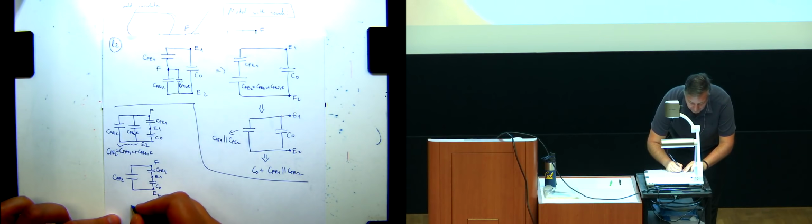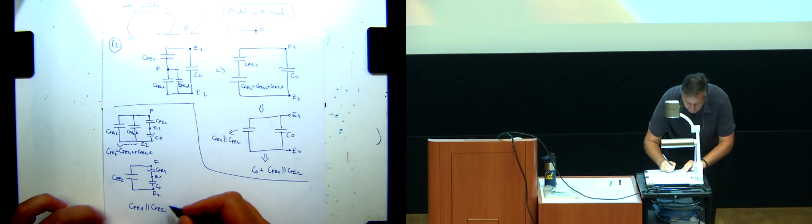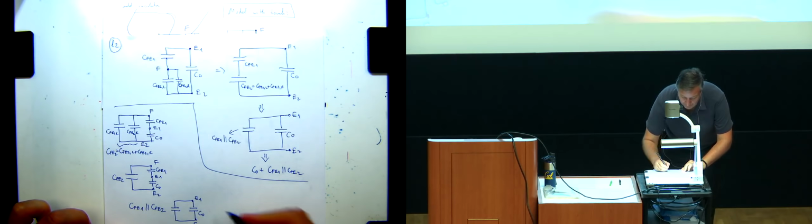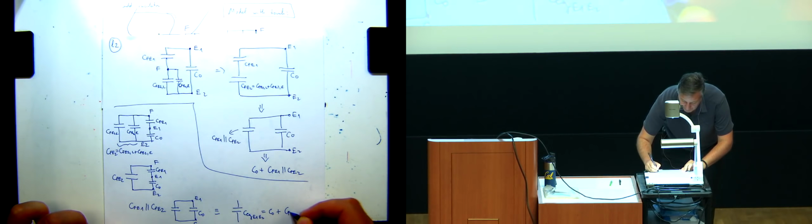And so I can mark those as a parallel operator. Right? So that capacitor is now connected between E1 and E2. And I still have C0. So the equivalence of that is a single capacitor, which is C0 plus CF E1 parallel CF E2.